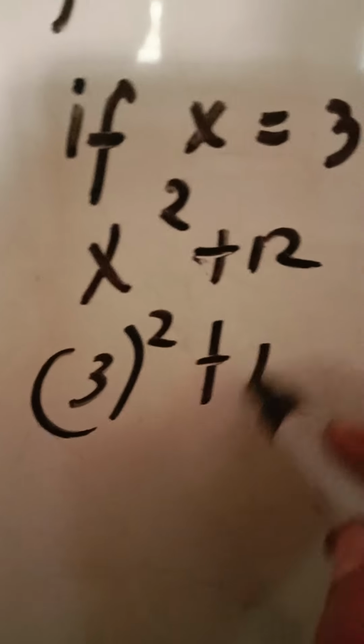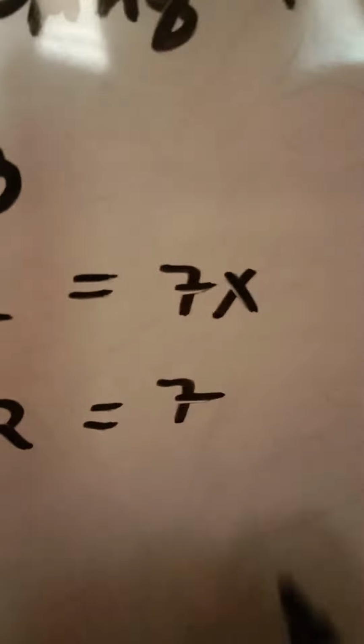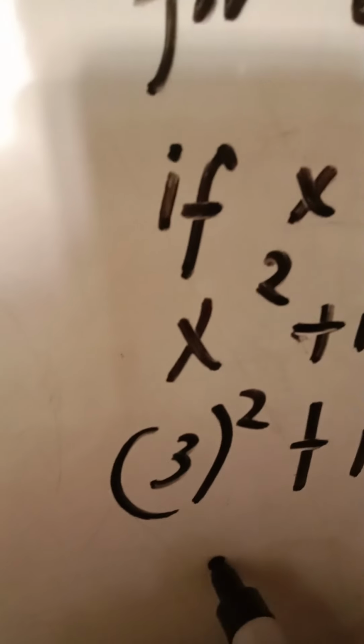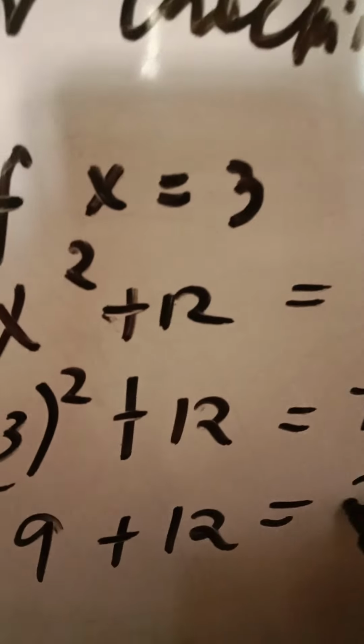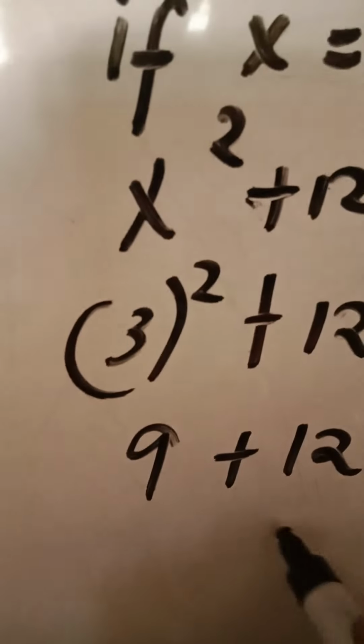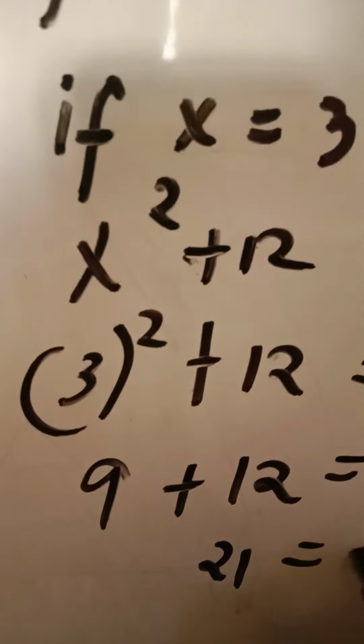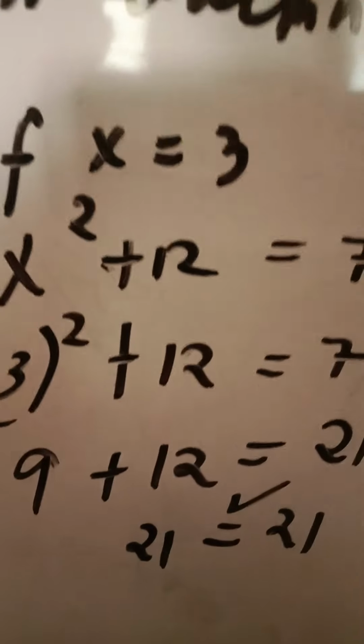So 3 to the power of 2 plus 12 is 7 times 3. 3 to the power of 2 is 9, plus 12 is equal to 7 times 3, which is 21. So 9 plus 12 is 21, which is equal to 21. So our answer checks.